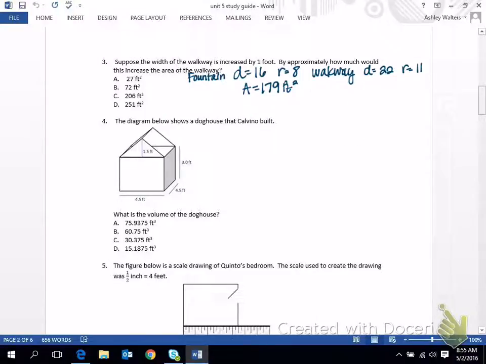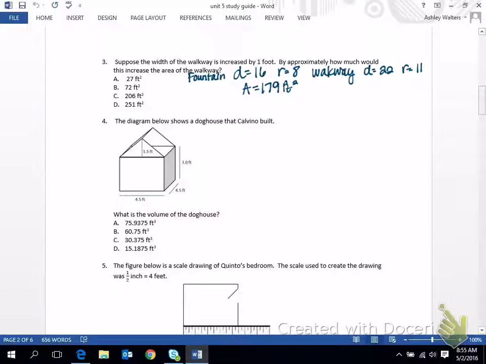In number 3, it says, suppose the width of the walkway is increased by 1 foot. By approximately how much would the area of the walkway increase? So I've listed out the important information that we had from the last question. The fountain's diameter was 16, the radius was 8. The walkway's diameter, or the large circle to get the walkway, was a diameter of 22 and a radius of 11.